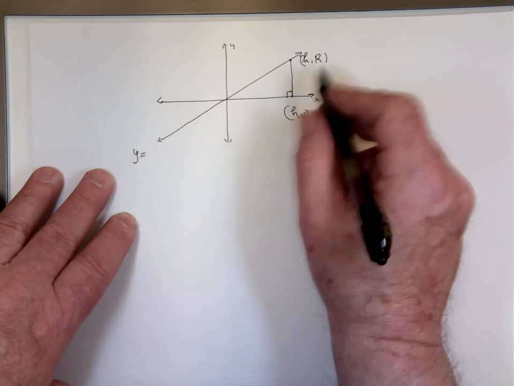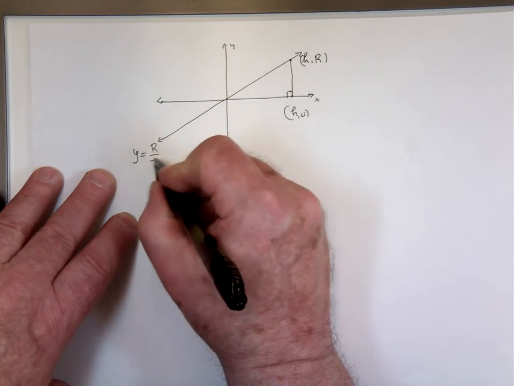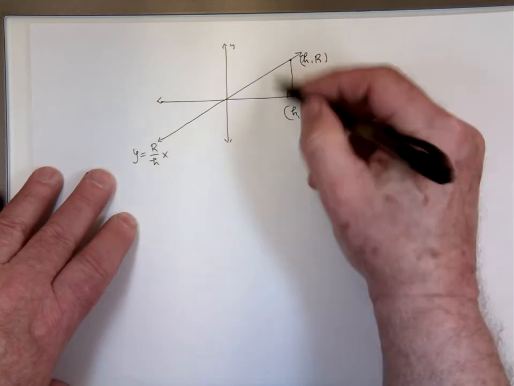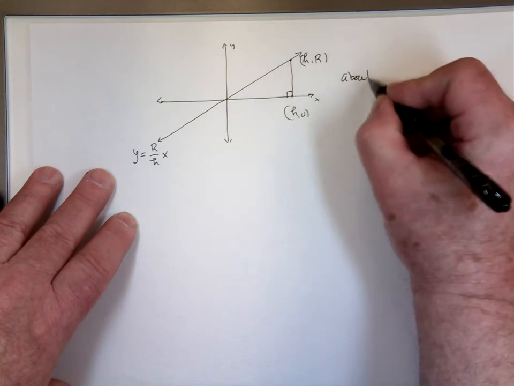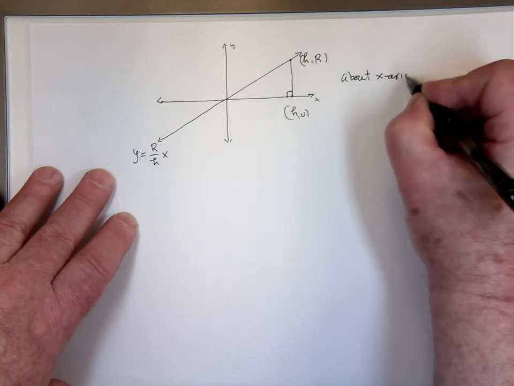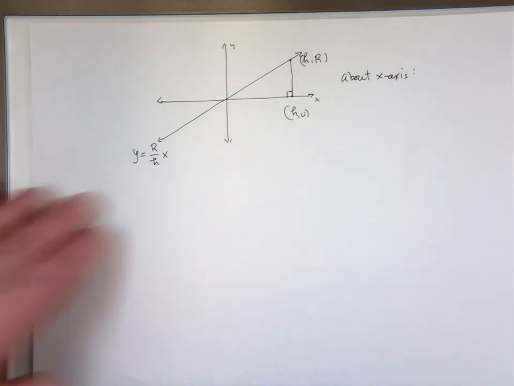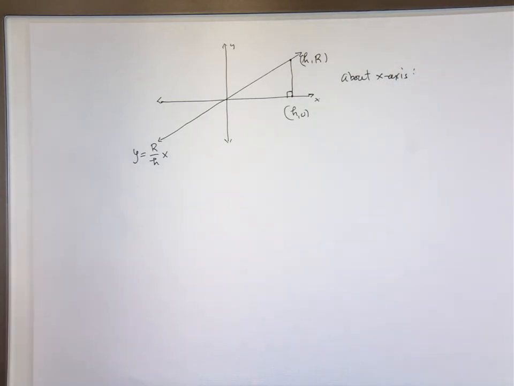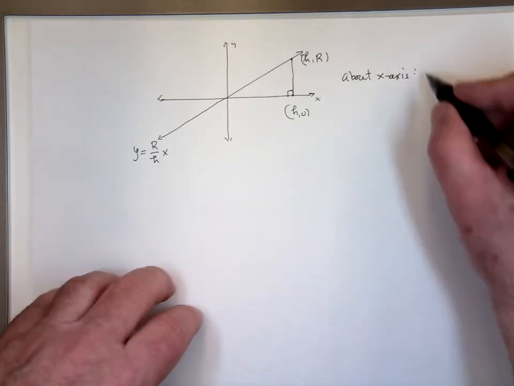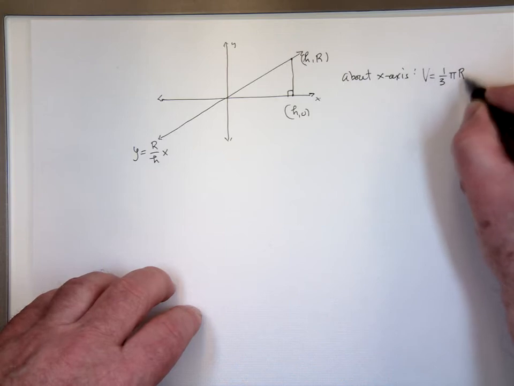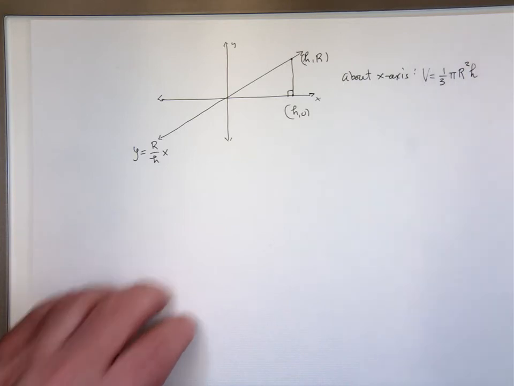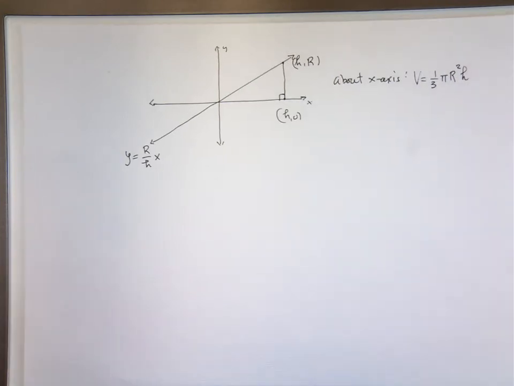And when we whipped it around the x-axis, we generated a right circular cone, and we derived the volume. We found the volume to be 1/3 pi r squared h.